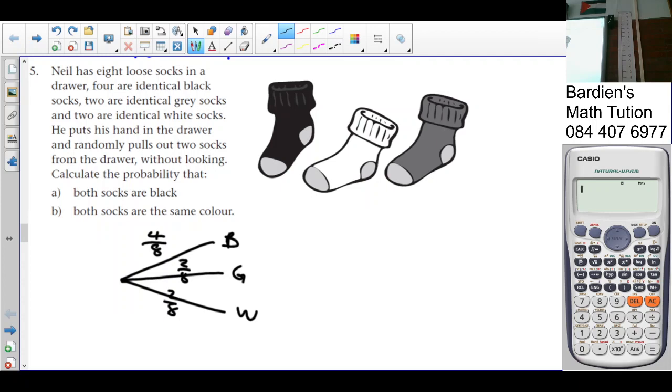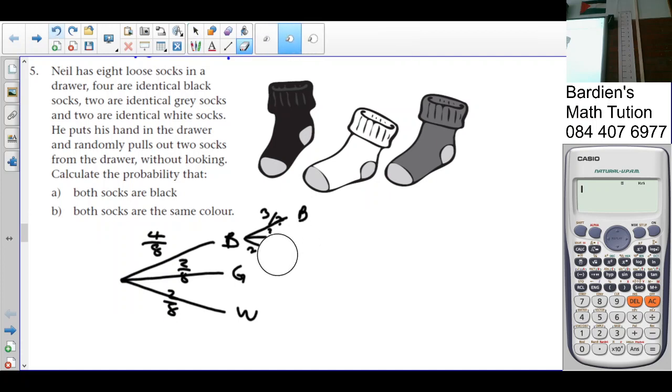No. So if he draws black first, then what's the probability on the second draw? 3 out of 7. Grey? 2 out of 7. White? 2 out of 7. Why is it 7 when you pull out 2 socks?